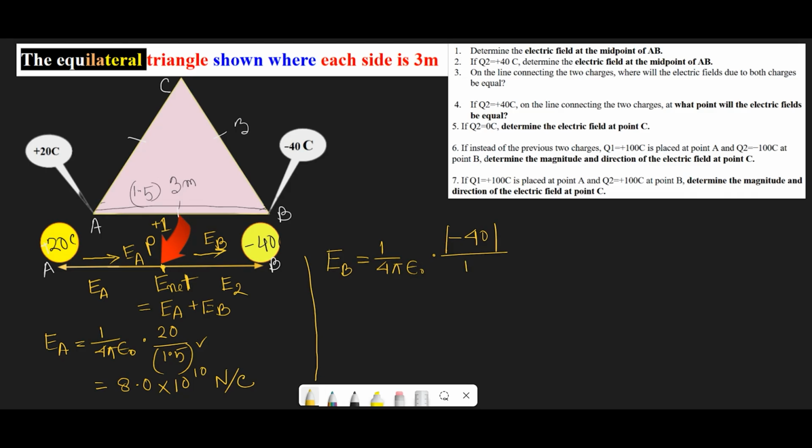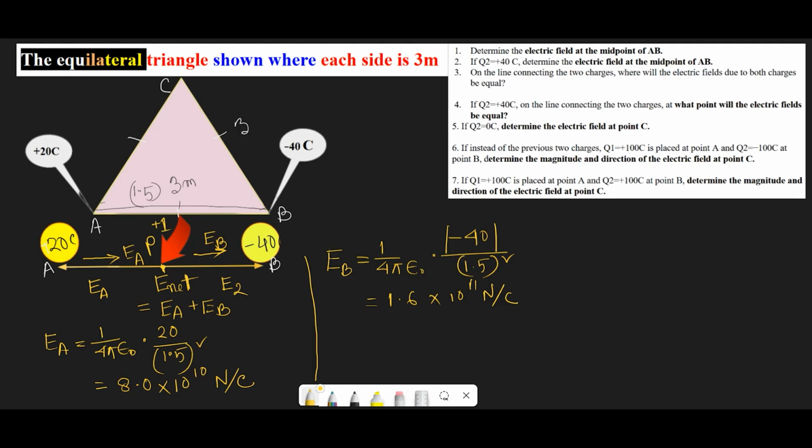And obviously the distance will be 1.5 whole square. So what will be the value? The value will be 1.6 into 10 to the power 11 Newton per Coulomb.